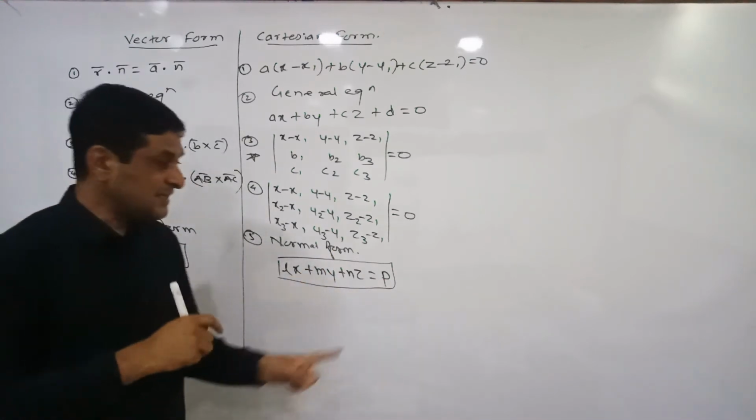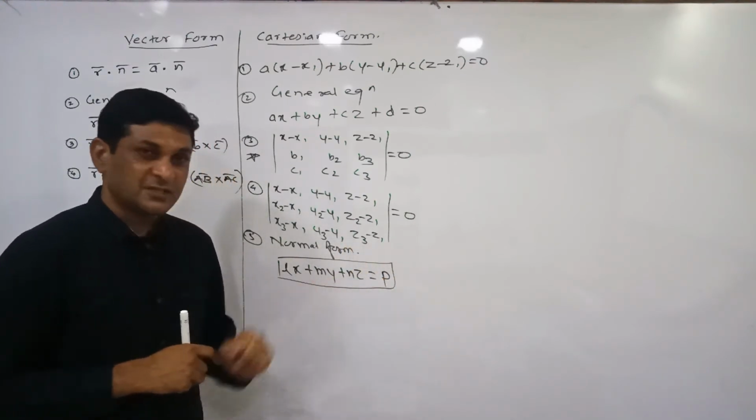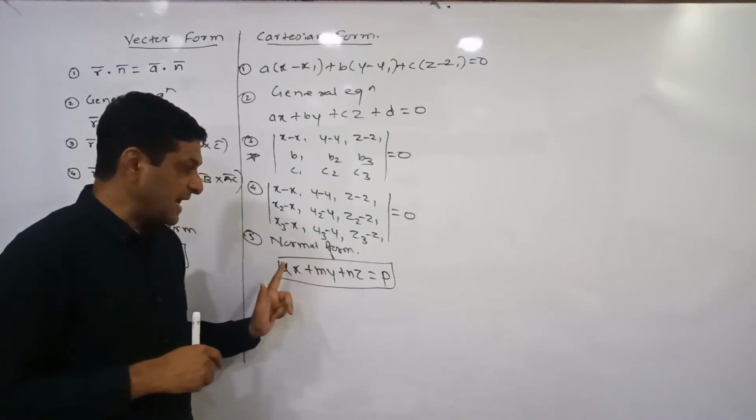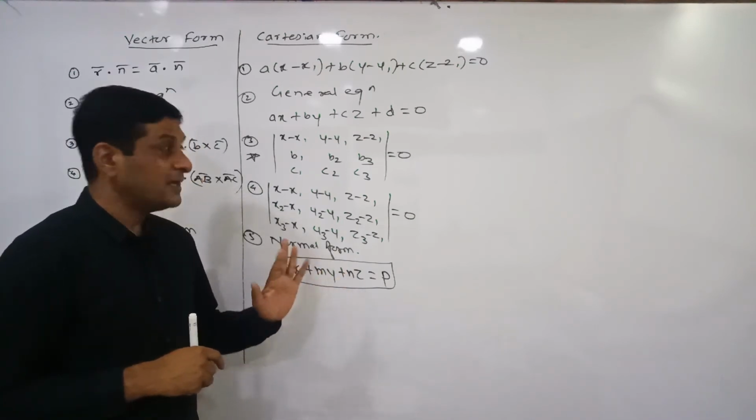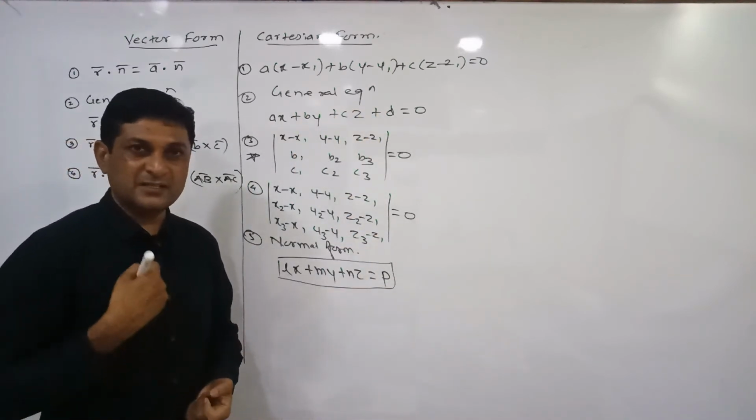But we can say that the value on the right hand side is the distance of the plane from the origin only if the coefficients of x, y, z are l, m, n. If it is a, b, c, we cannot say that the constant on the right hand side is the distance.